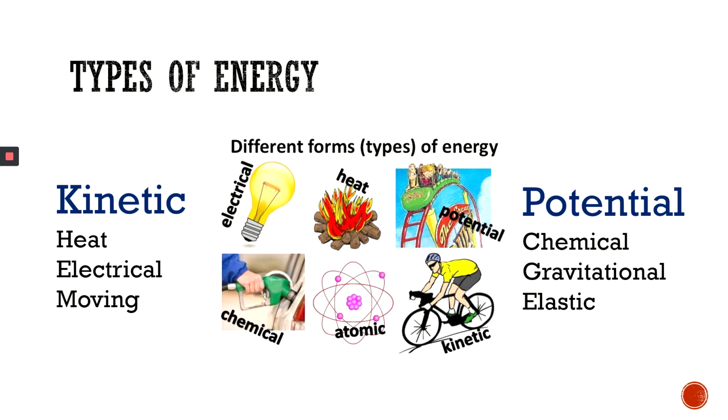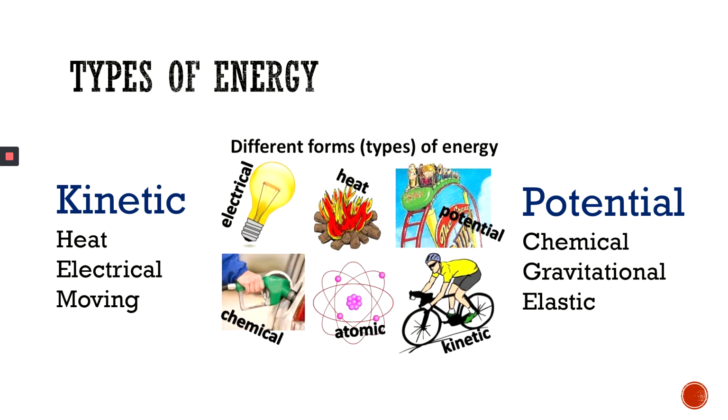Now, kinetic energies are energy that involves doing and moving. Examples of kinetic energy are heat energy, electrical energy, and also kinetic energy, which is energy for movement. And potential energy is energy that's stored.